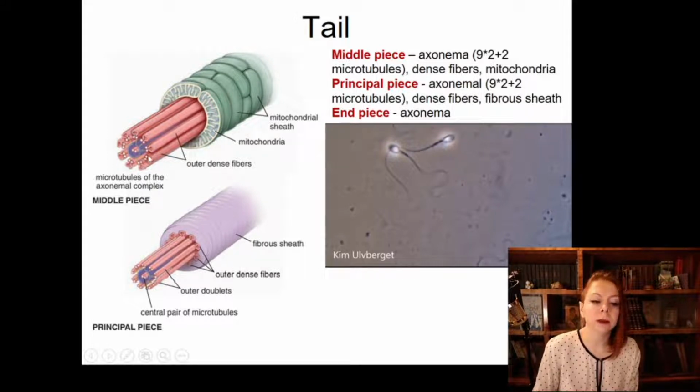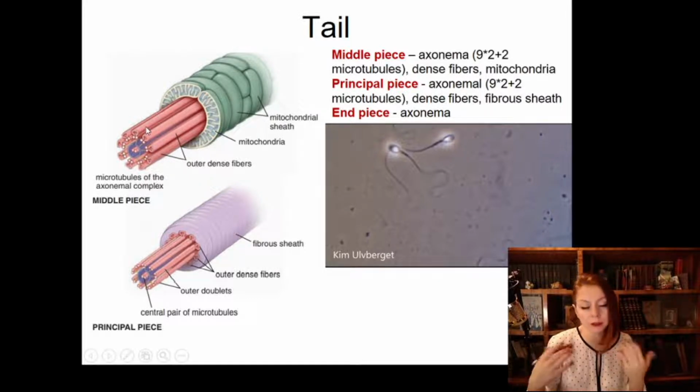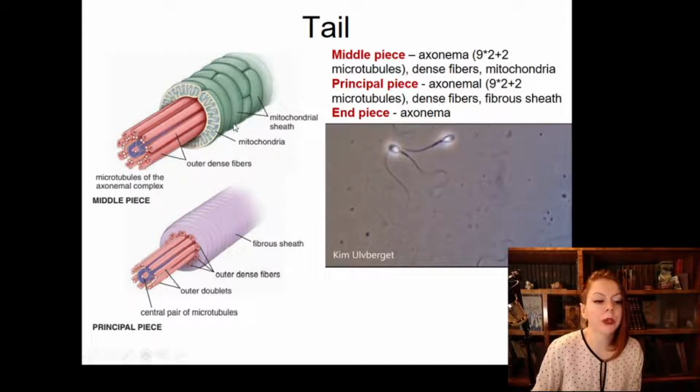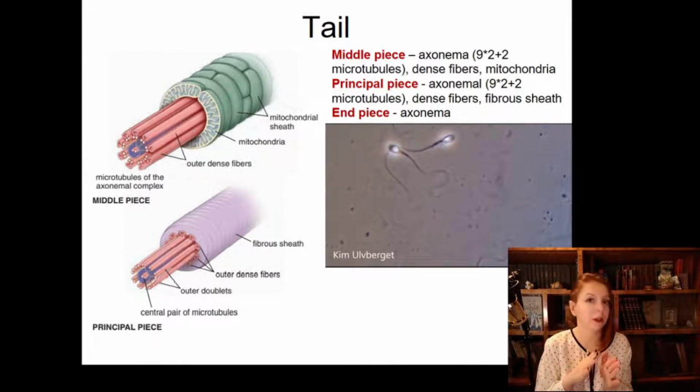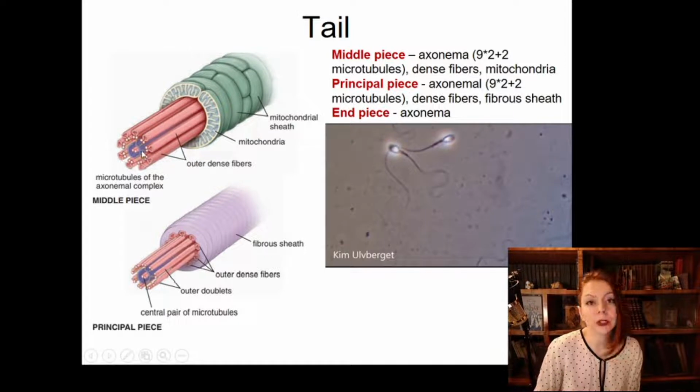Then the axonema is surrounded by dense fibers. There are 9 dense fibers, and they increase the thickness and the beating force of the tail. Besides, the movement of the tail is due to the sliding of microtubules in the axonema one along another, and it uses ATP energy.